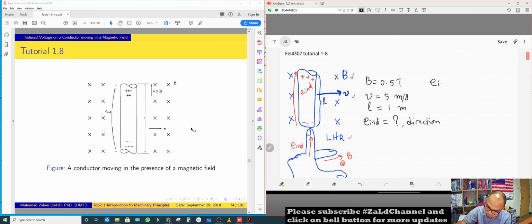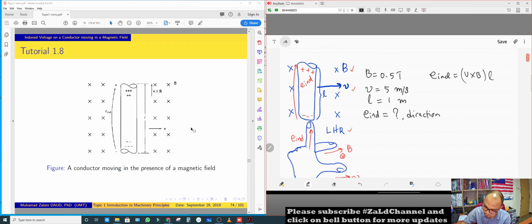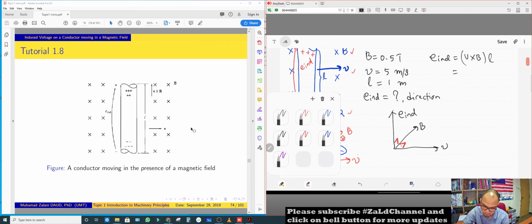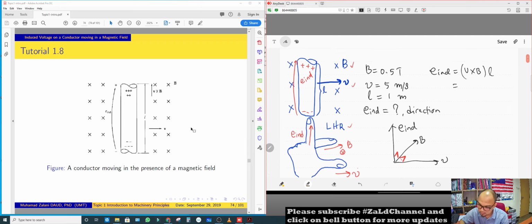Okay, so we do the calculation. E in using this formula is (V cross B) dot L. Since all of the components, which is E in, V and B, are actually directed into the page, I just want to show that all of these components are perpendicular, meaning that at 90 degree. So we can just simplify this equation.